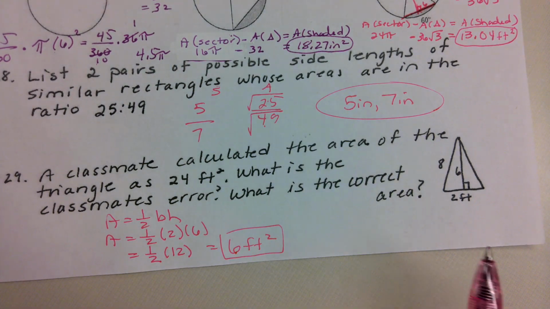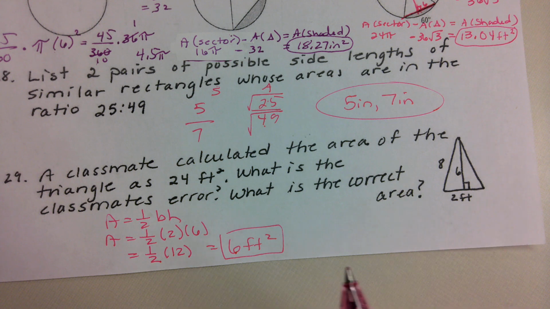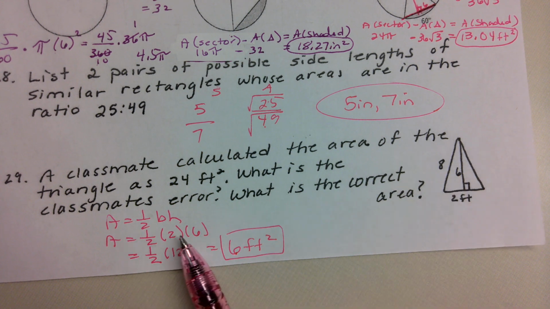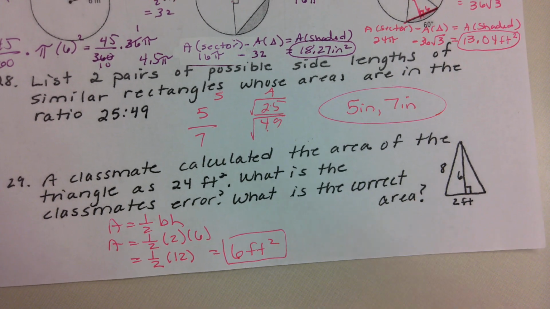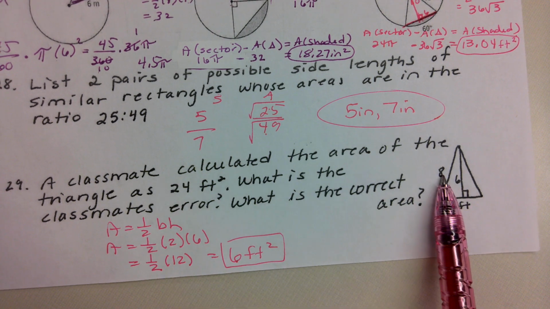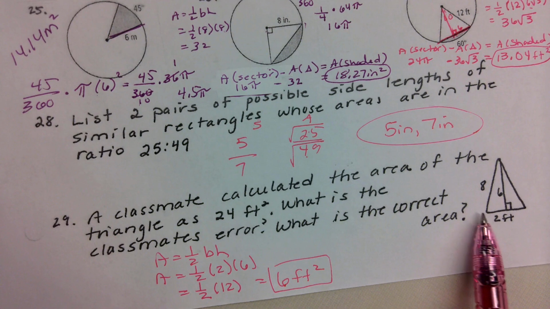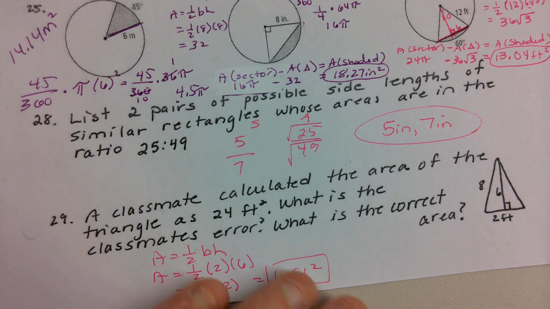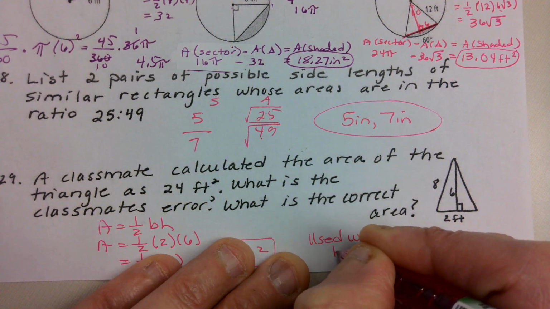How did they get 24? Ah, I see what they did. So they used the 6 for the height and the 12 and the half, but what did they use? They didn't use the 2, they used the 8. 8 times 6 is 48, and half of that would give you 24. So they used the wrong thing for the base. They didn't use the one perpendicular. So they used the wrong base.